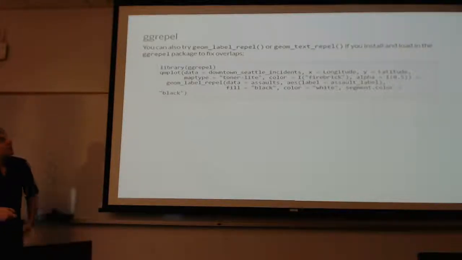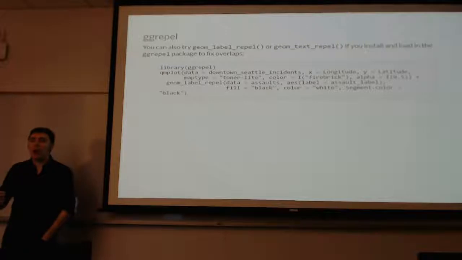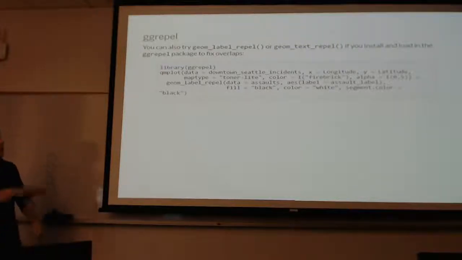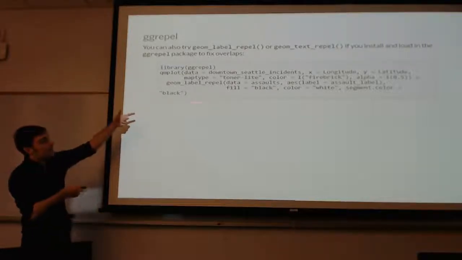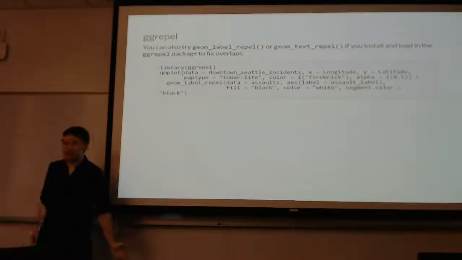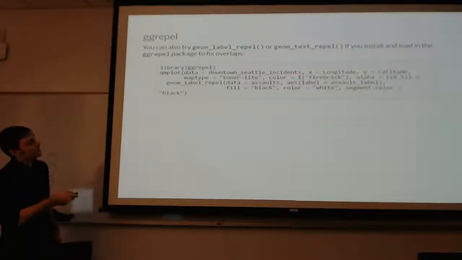Anyway, so what we can do is we can call on repel versions of label and text instead that will automatically repel labels from each other. They are geom label repel, geom text repel. They, aside from the extra repel functionality, work exactly the same as label and text. So same map we just did before.